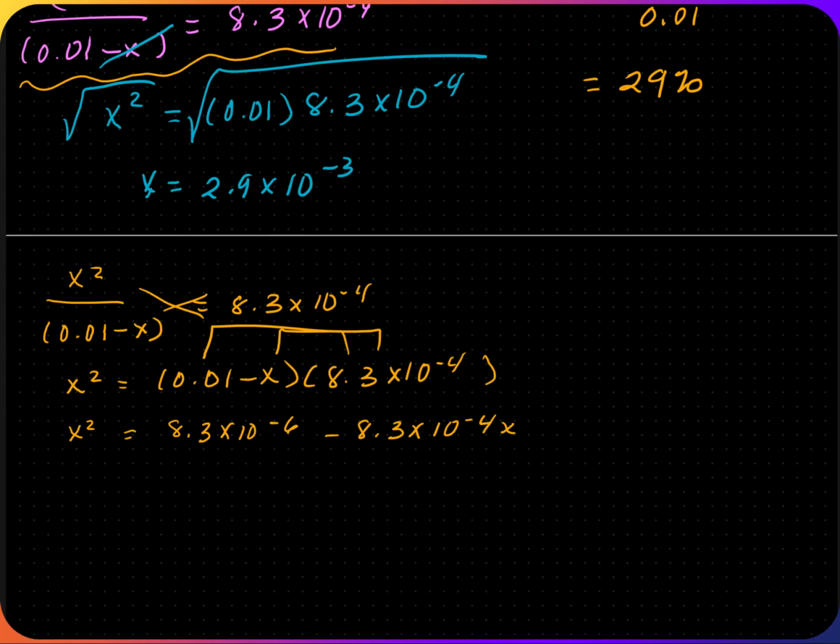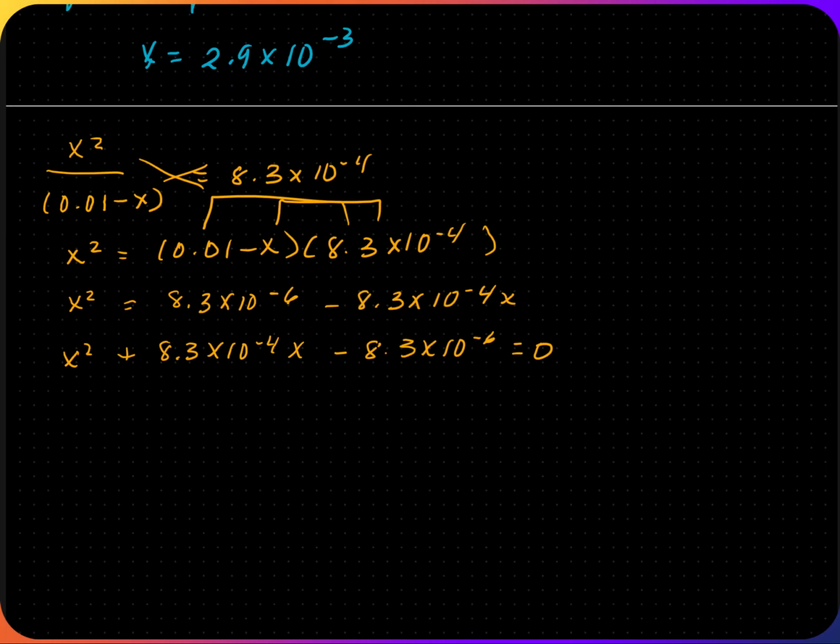Now I move everything to the left to set it equal to 0. So x squared plus 8.3 times 10 to the negative fourth x minus 8.3 times 10 to the negative sixth equals 0. Quadratic equation: x is equal to minus b plus or minus the square root of b squared minus 4ac, divided by 2a.